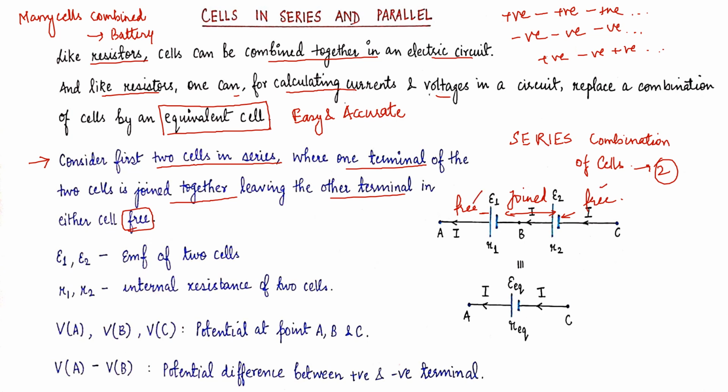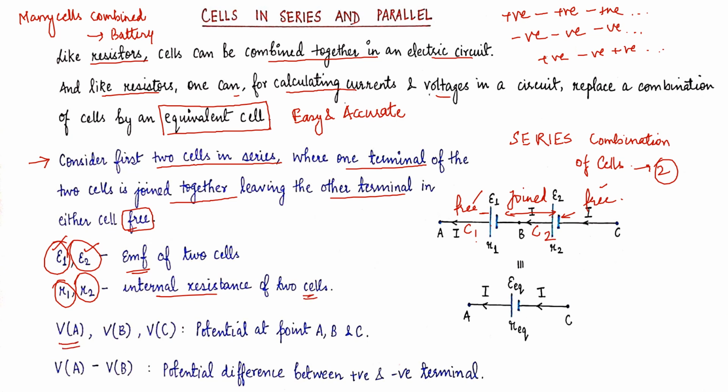Here E1 and E2 are the EMFs of the two cells respectively. This is cell 1 and this is cell 2; for cell 1 the EMF is E1 and for cell 2 the EMF is E2. Now we have R1 and R2, which are the internal resistances of the two cells.